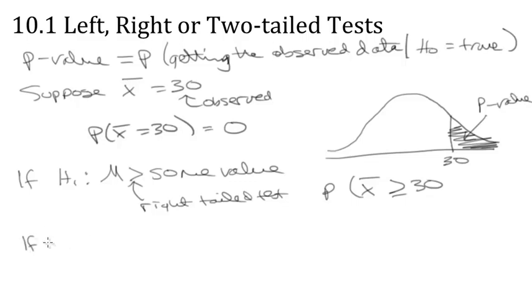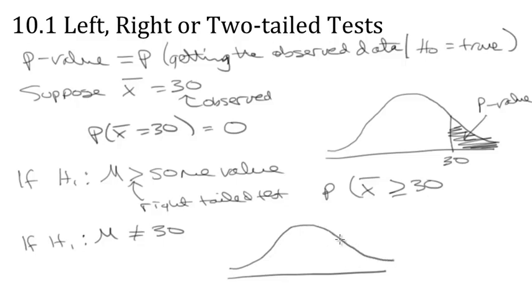And if my alternative hypothesis, here's the last possible choice, is that the mean is not equal to 30. Now values even more extreme are in either direction. So here's 30, and I'm going to look at all the data that's greater than 30, but I'm also going to go, here's the mean. Oops, mean is not very straight.